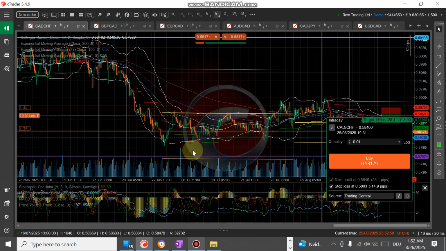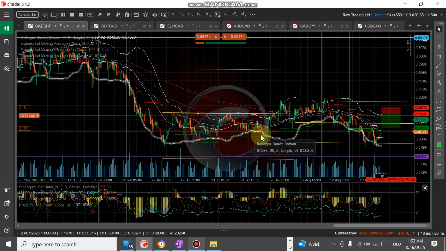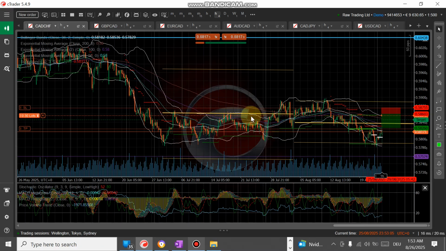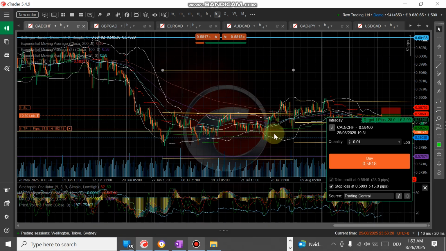All we need to do is wait for the discount, first time at the midline of the Bollinger band on daily, and then move a little bit above. And as I say, they get a better price now, but still on the sell side. So this is the sell market.